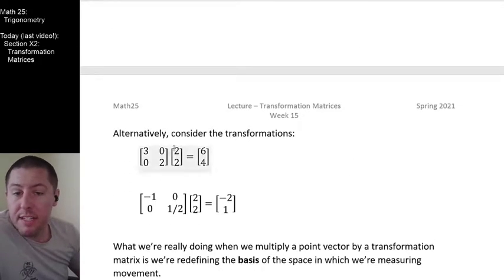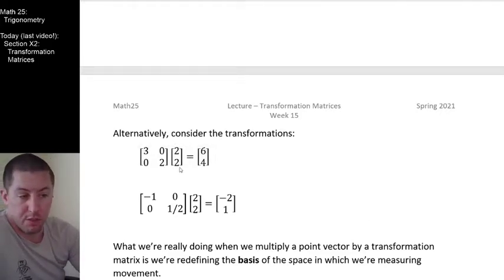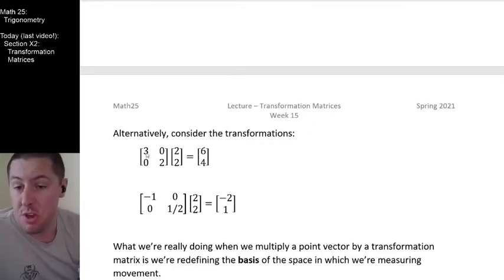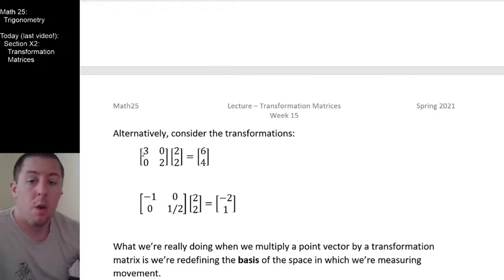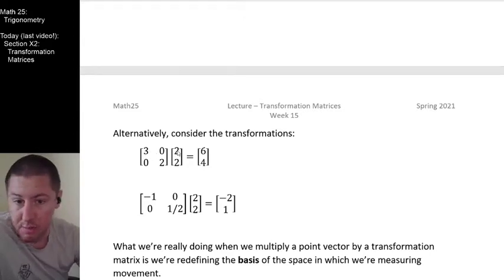So alternatively, consider this setup right here. If we did this matrix multiplication, 3, 0, 0, 2 by 2, 2, I hope you can just kind of see this from before: we know this 3 is going to scale our x coordinate by a factor of 3. So we take 2 by a factor of 3 to give us 6. We know this is going to scale our y coordinate 2 by a factor of 2, and so we're going to get back 4.